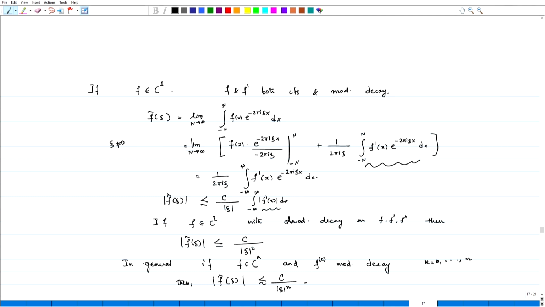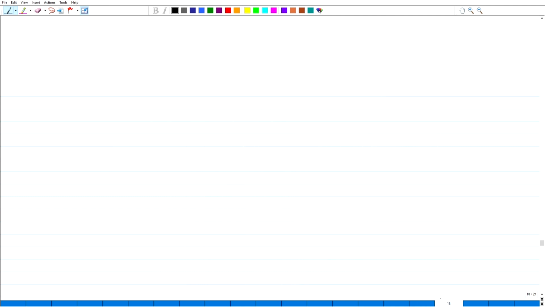So now let us do some Fourier analysis. Let us try to compute some Fourier transform of an integrable function.